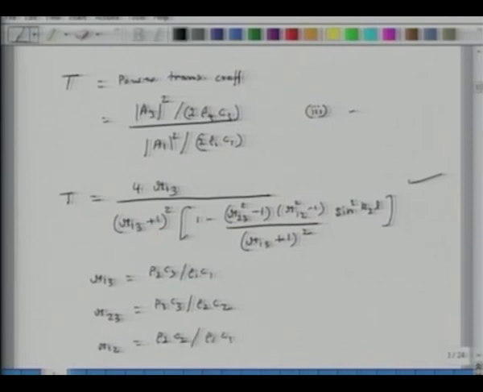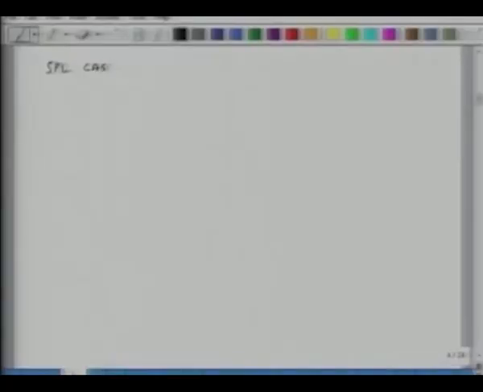So I know the properties of the medium, so I can find these ratios, I can plug them in this relation, and I know how much power is getting transmitted through the medium and how much is getting lost. So now we'll do two special cases, and then the third special case will be of a muffler.